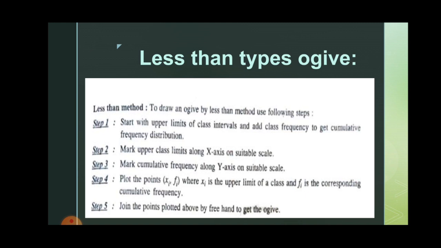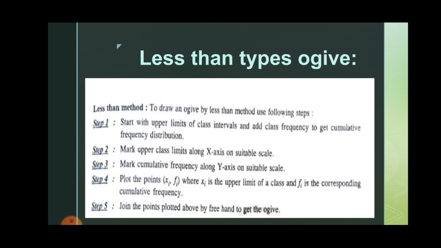Mark cumulative frequency along y-axis on a suitable scale. Plot the points xi, fi, where xi is the upper limit of class and fi is the corresponding cumulative frequency. Join the points plotted above by freehand to give the ogive.